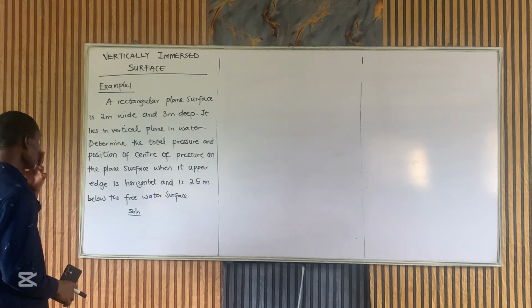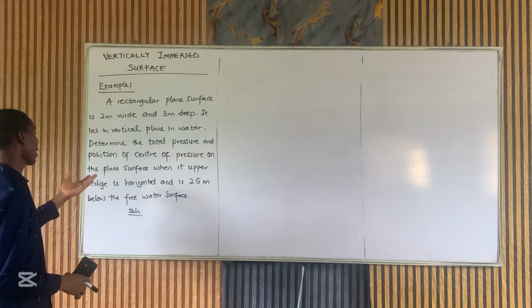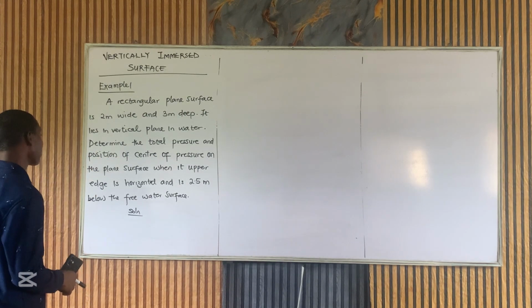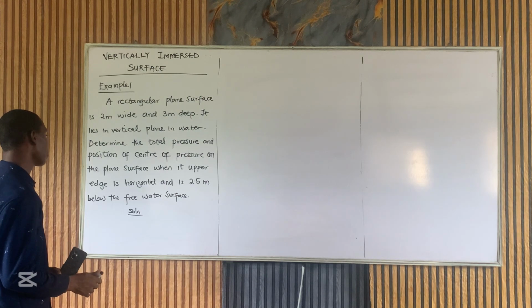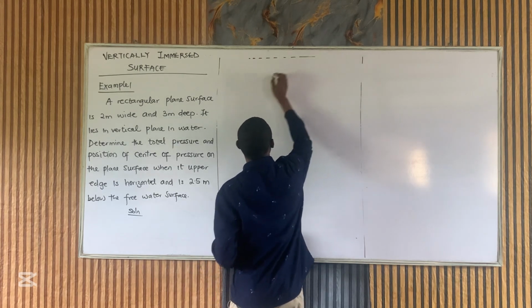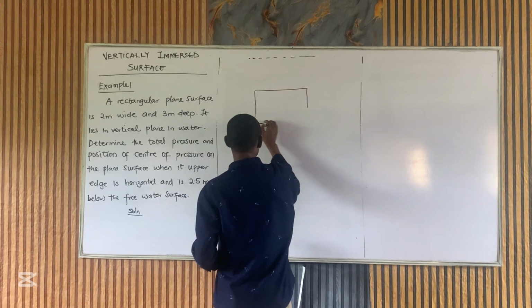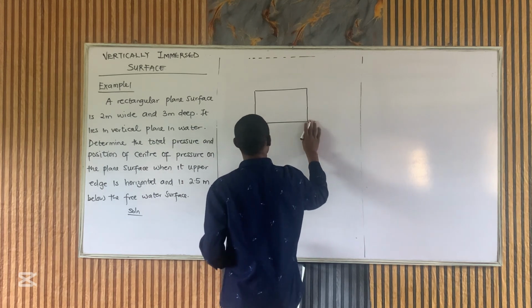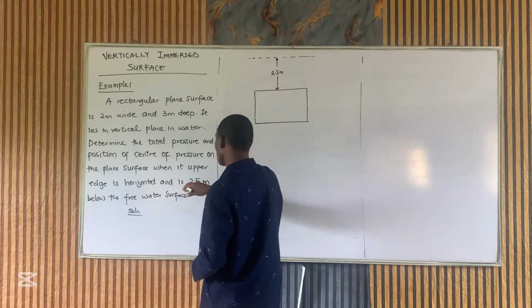Now, we have to determine the total pressure force and position of center of pressure on the plane surface when its upper edge is horizontal and is 2.5 meters below the free water surface. So, if this is the water surface now, this is the object here. And the object is just 2.5 meters below the free water surface. That's what we are told.